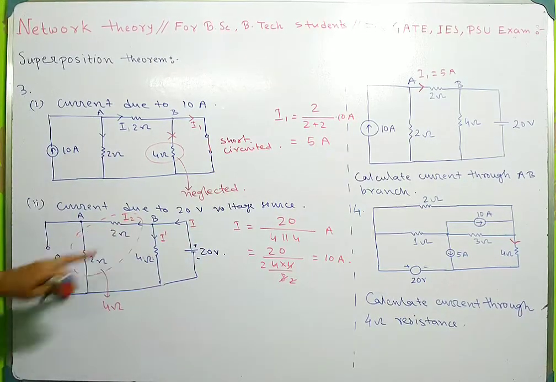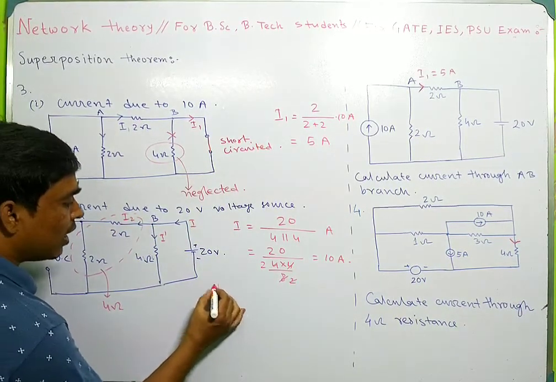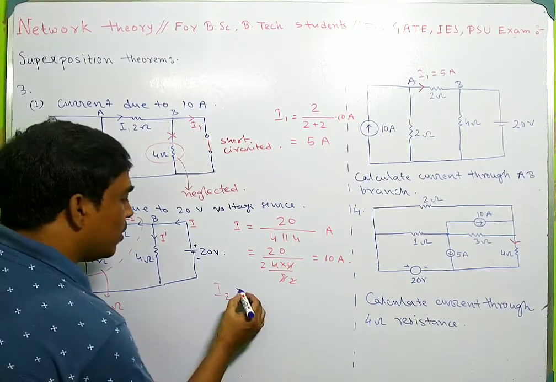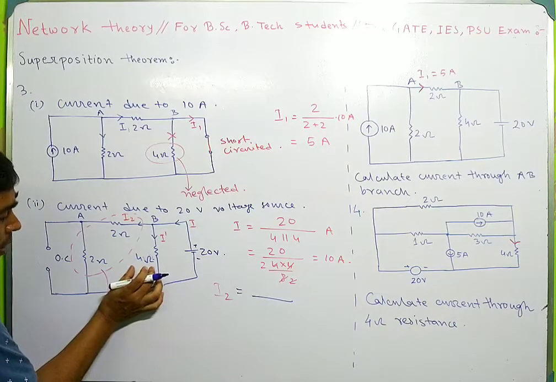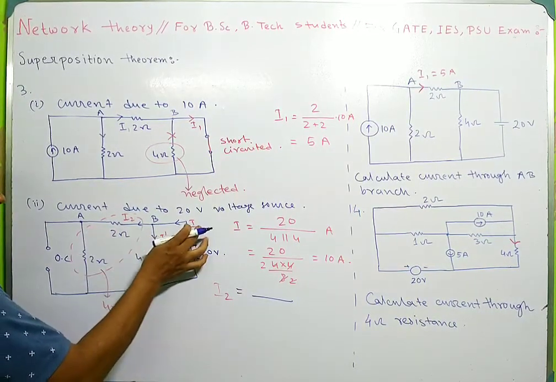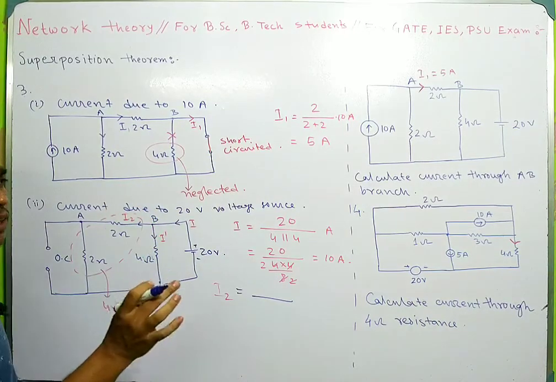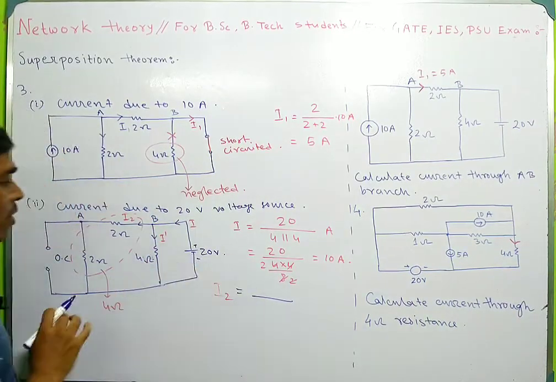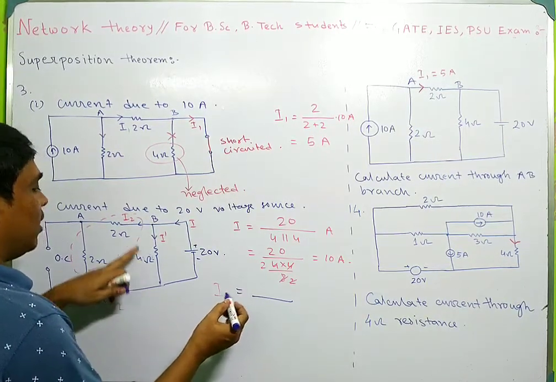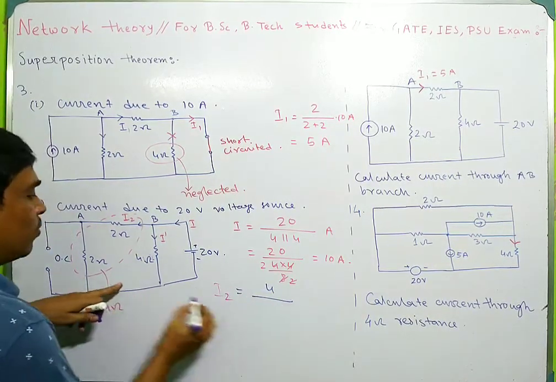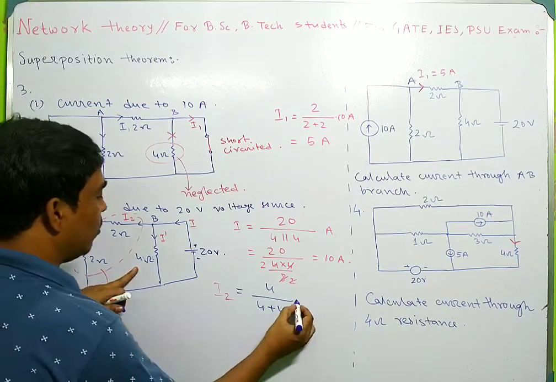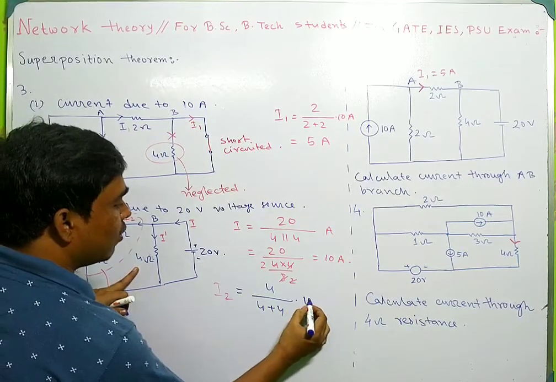Now what will be the current I2? By using the current division rule, this is the 4 ohm resistance and this is the combined resistance of 4 ohm, so this current will divide by the same amount. Using the current division rule, this is 4 and this is 4, so 4 divided by 4 plus 4, into this I, which is 10 ampere.